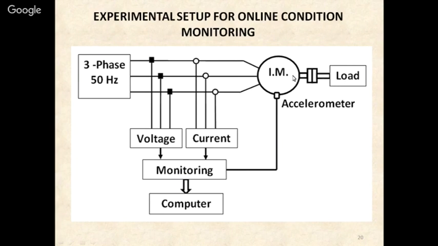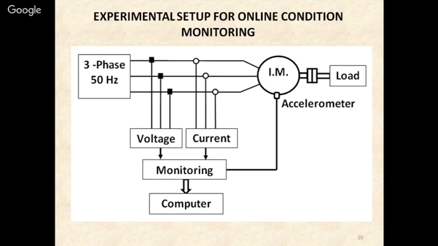The load on the motor is a very important factor because the signals which are acquired have a very high correlation with the loading effect. If the motor is highly loaded, the features of the motor will altogether be different than when the motor is at no load. Okay, so this is the basic setup for online condition monitoring.